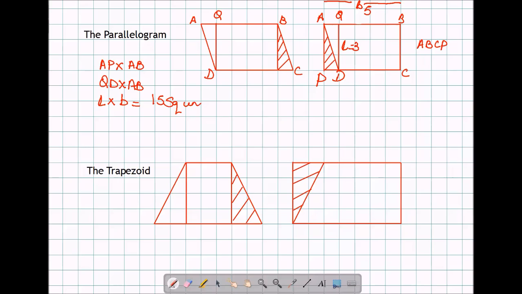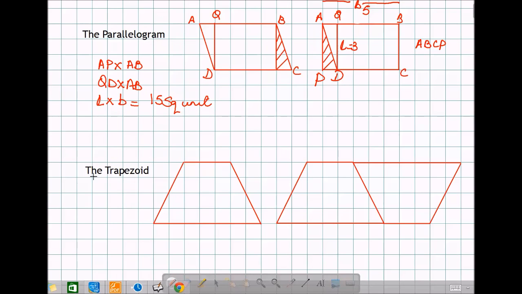Why? Because you can just cut this, put it over here, and then use the same formula for the rectangle, length into breadth, where the length is QD and the breadth is AB.